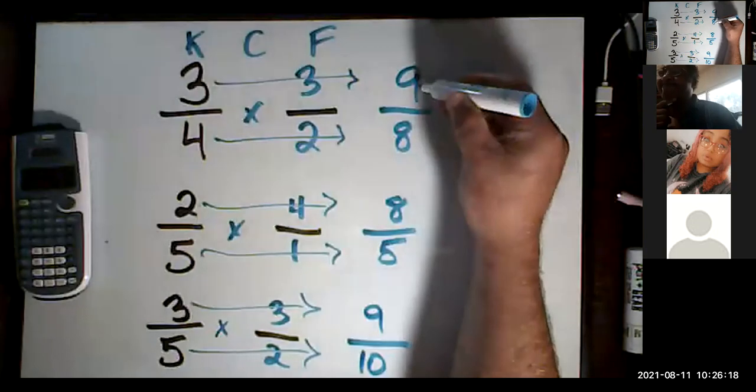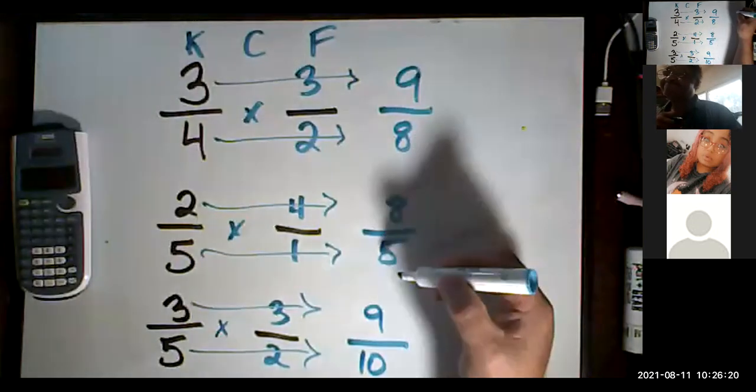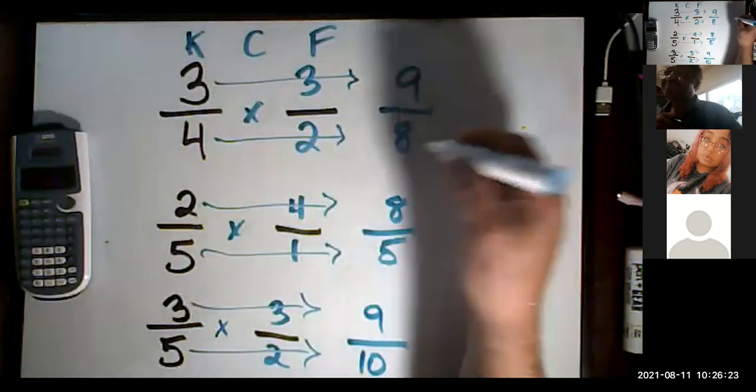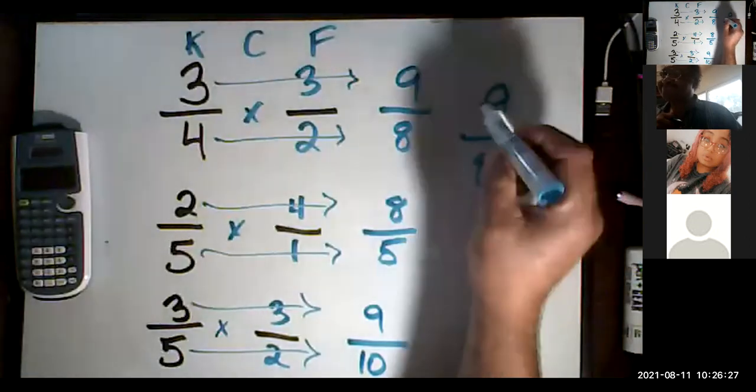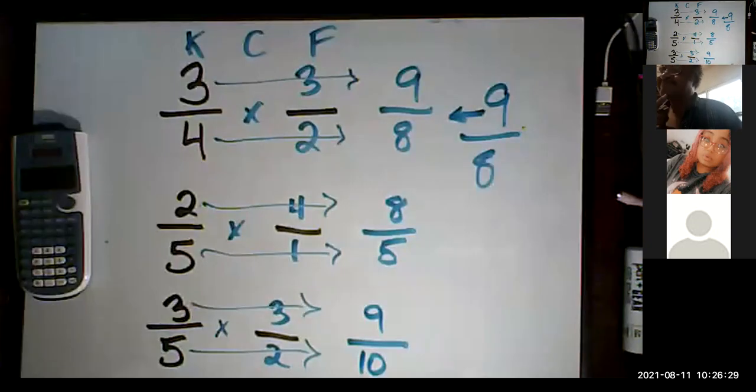If the top number is bigger, and that's our first question we ask ourselves, all we do is we say, how many 8s can I pull out of a 9? There's 1 in there.